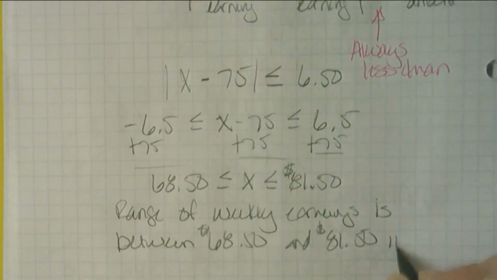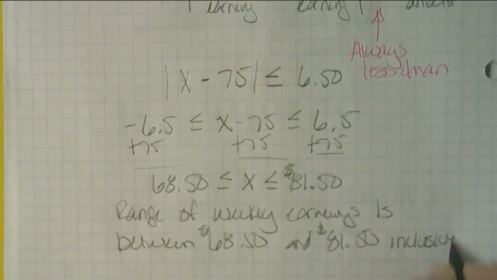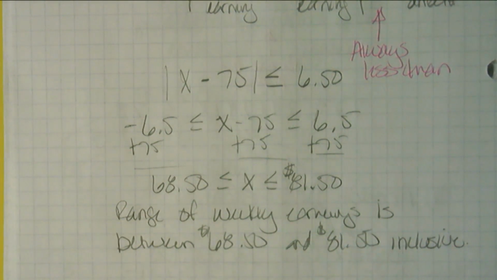I do have to show somehow that it includes it, inclusive, or you could say a maximum of $81.50 and a minimum of $68.50. That also indicates that it is inclusive if you say maximum and minimum. So somehow you have to indicate that.